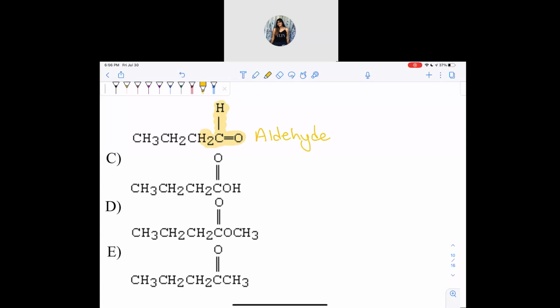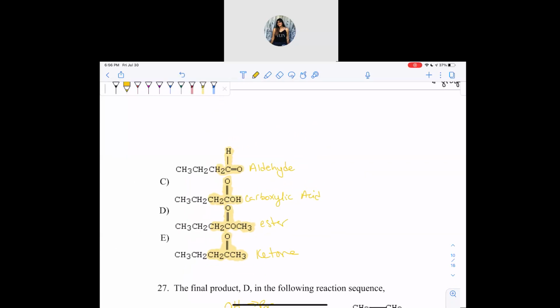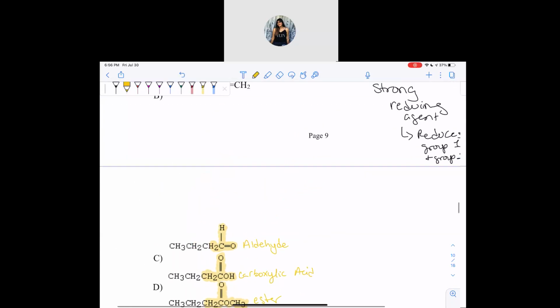Here we have a carboxylic acid. Here we have an ester. And here we have a ketone. So far, all of these guys look good. All of these should be reduced.